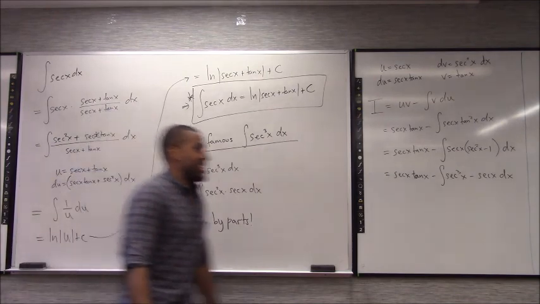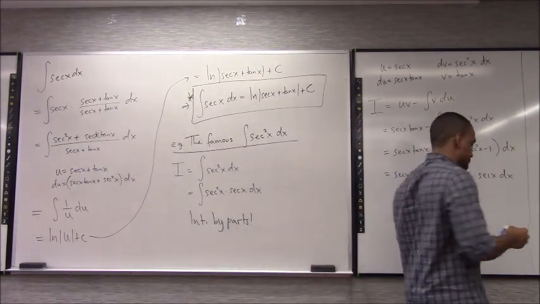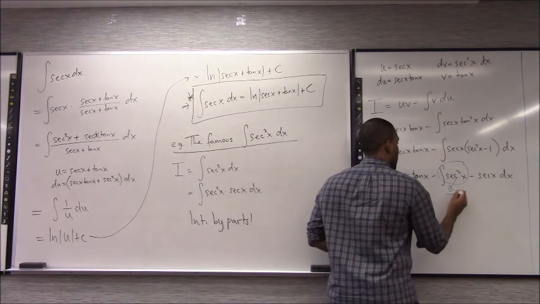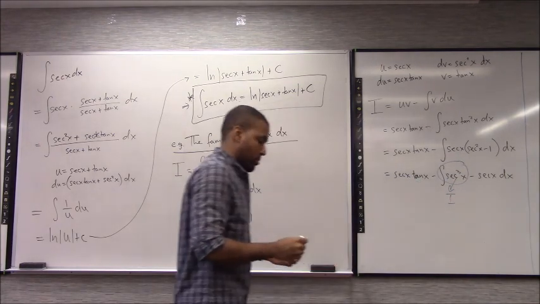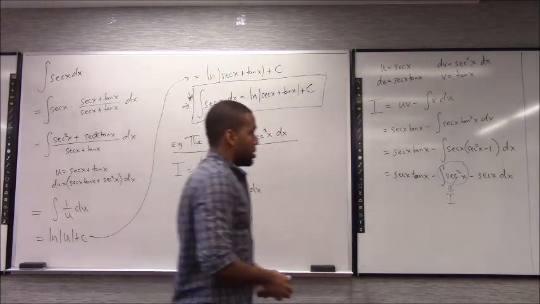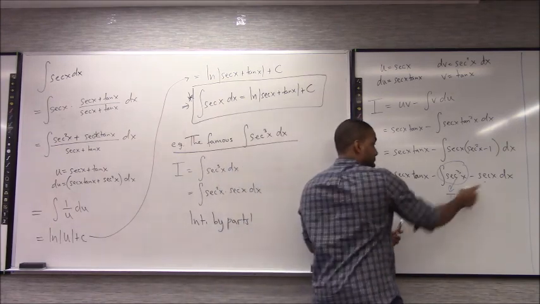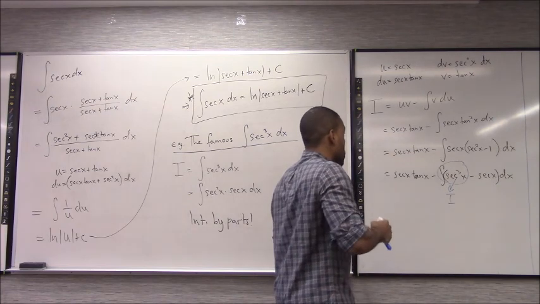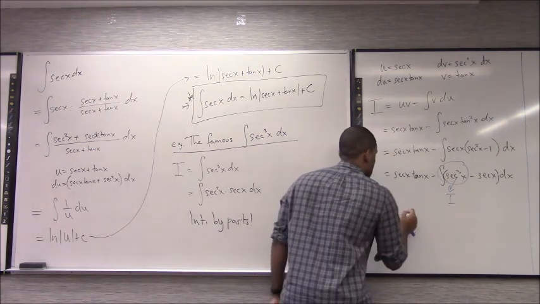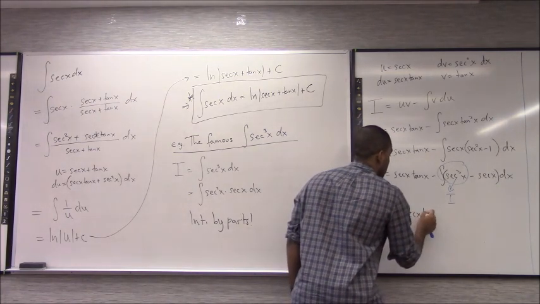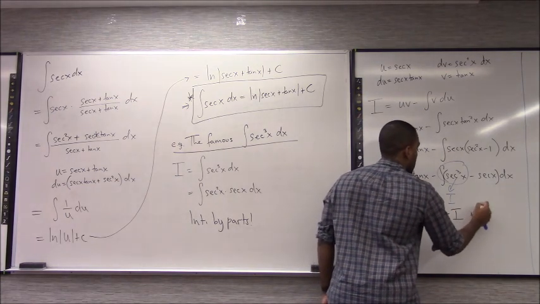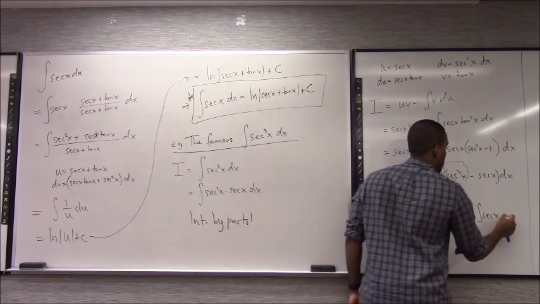There's your secant cubed showing up on that side. That guy here is I. Remember that this secant is still in the integral, so I'm going to split this integral into two parts. This is equal to secant x tangent x minus I plus the integral of secant x.